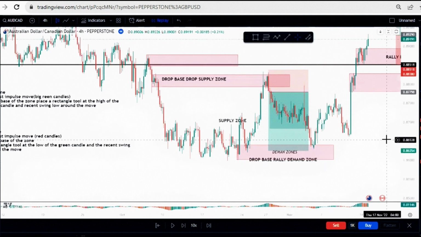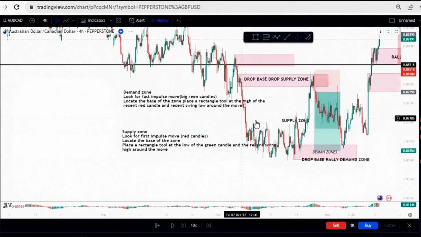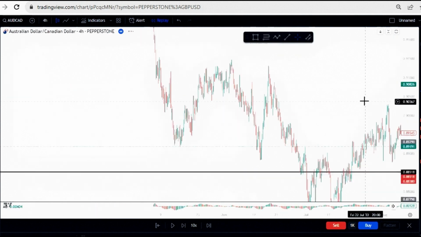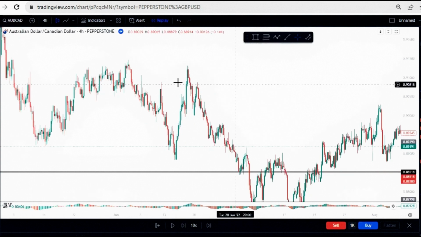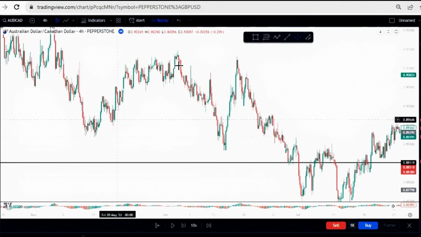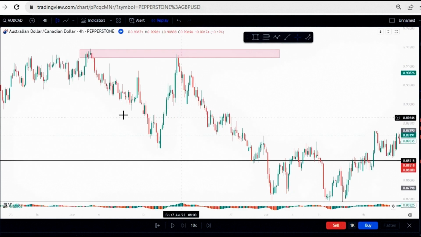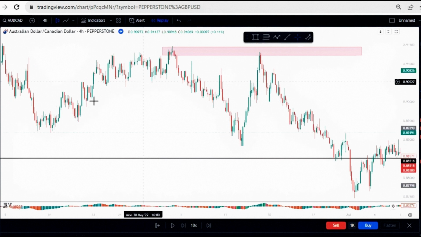Another structure we have in the reversal structures is a rally base drop. A rally base drop forms a supply zone during an uptrend. Like in this example here, the price was in a temporary uptrend.